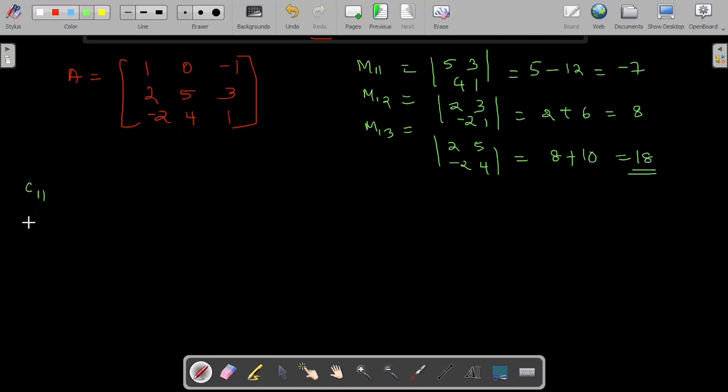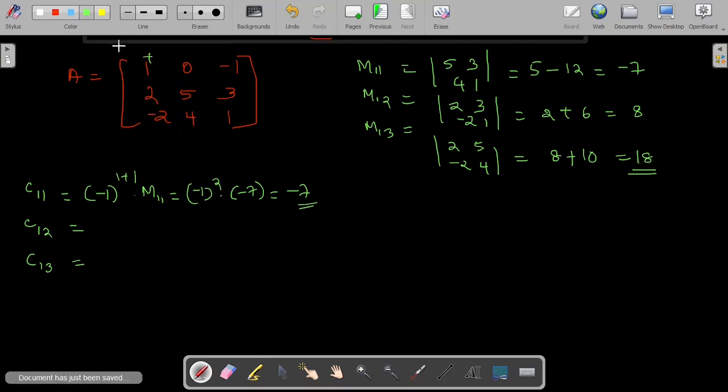Now if you want the cofactors C11, C12, C13, in that case minus 1 to the power 1 plus 1 into M11, that is minus 1 whole squared into M11, which is minus 7, which gives you minus 7 because the sign is positive. For C12, you can get the sign of the element: plus, minus, plus.